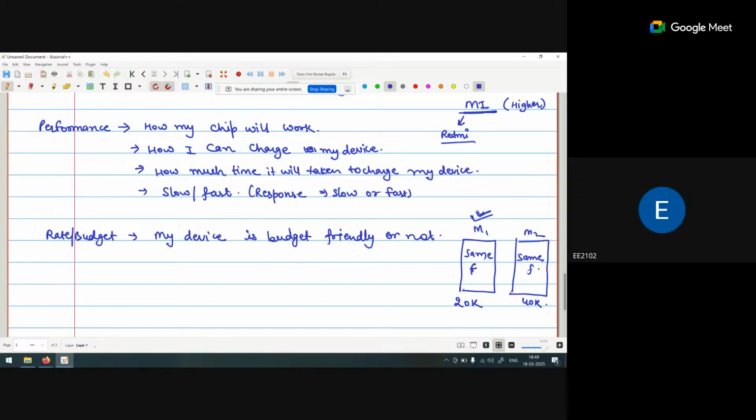So the MI company created one more branch, Redmi, where they use the same application and the same features, but with lower quality. The difference is that the cost is lower.